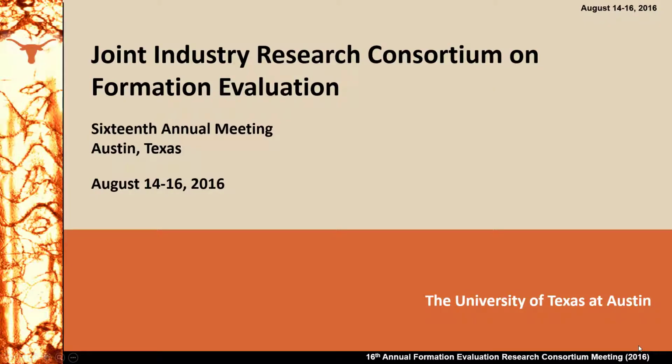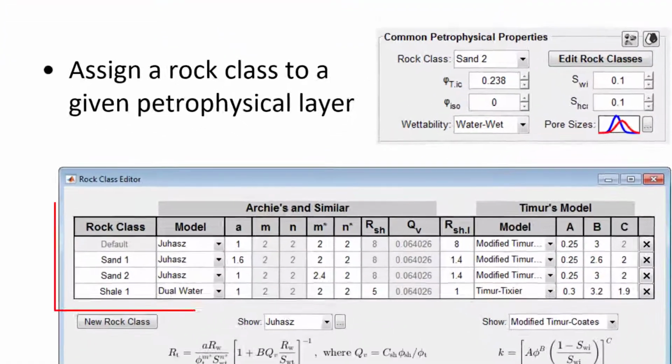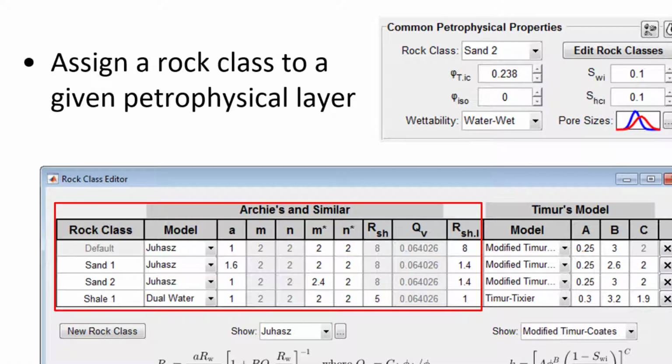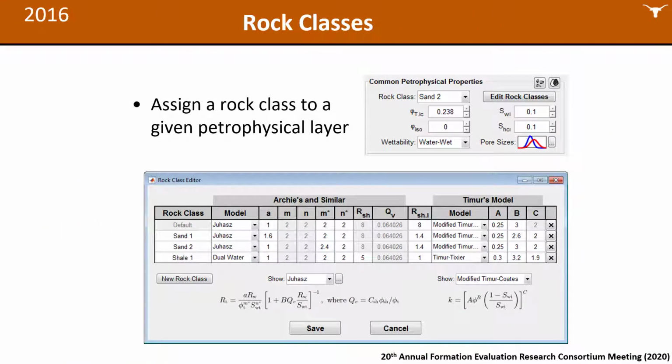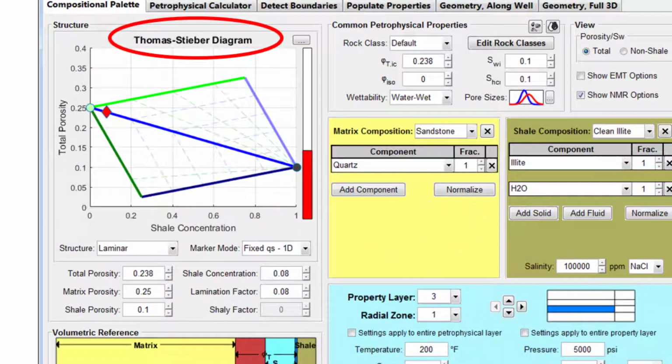In 2016, enhancements of the modules continue. Among them, the addition of rock classes, which enables the user to assign a different rock class to one or more petrophysical layers. The Thomas Steiber diagram is interactive.